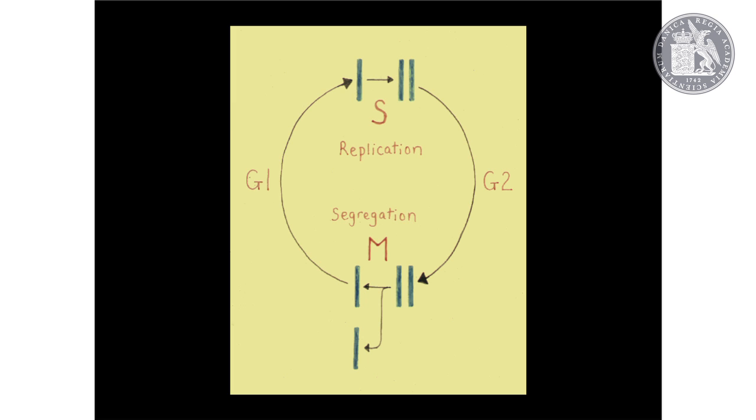The second reason is this linkage between DNA replication, what we call S phase in the cell cycle, and the segregation of those replicated molecules in a process of mitosis. This is the cell cycle, and we're going to talk about this a lot today, so I'd like you just to learn some of the words that we'll be talking about.